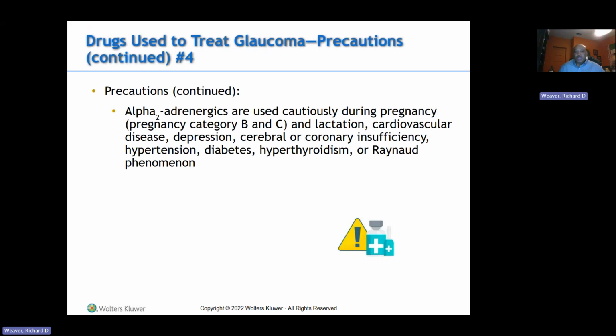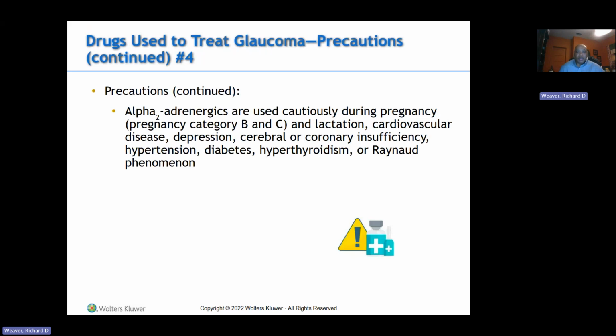Now, these drugs are used cautiously during pregnancy. Those who are taking epinephrine, this is a category B pregnancy, so again cautiously, and you have to think about the benefits versus the risk.